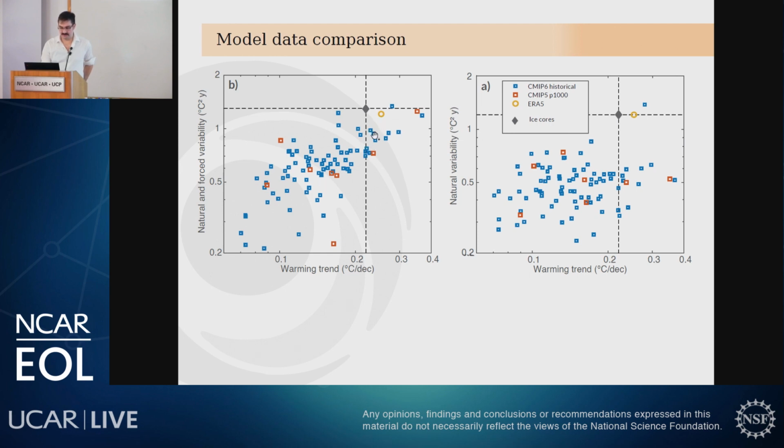So here the blue square would be CMIP6 historical runs. The orange square would be CMIP5 past1000. And the interesting thing, if you include both natural and forced variability and compare to the warming trend, of course, the forced variability will be dominating. And so you have a relatively good correlation between how much a model underestimates both the variability and the warming trend.